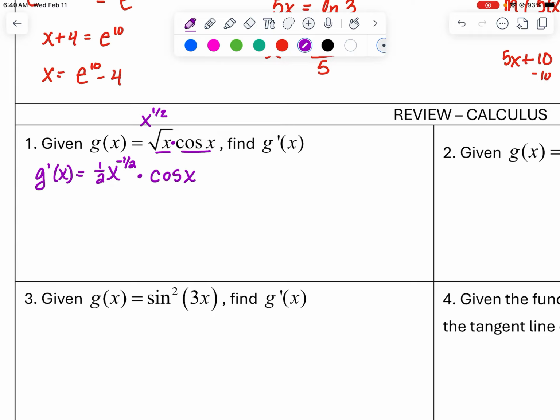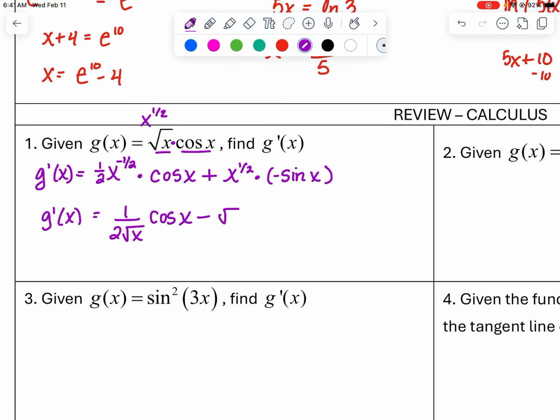Plus, do the reverse: keep the x to the 1/2 times the derivative of cosine, which is negative sine of x. We don't really need to simplify unless we have a reason to, but for practice, the simplified version would probably look something like 1/2 root x cosine x, or cosine x on top there, minus square root x sine x.